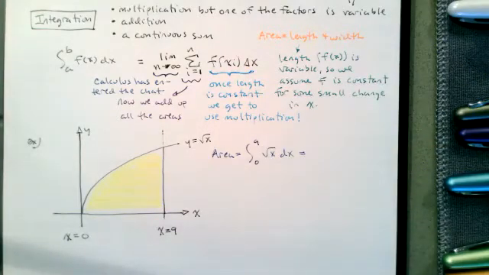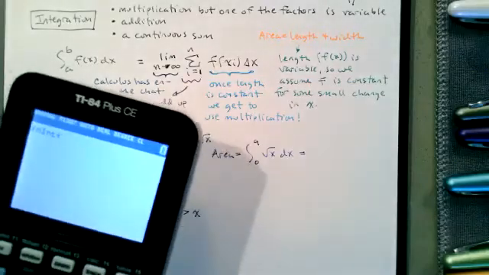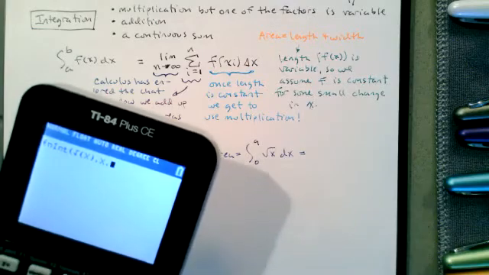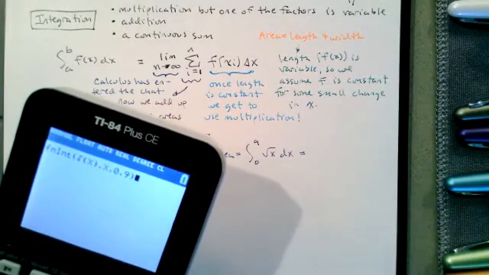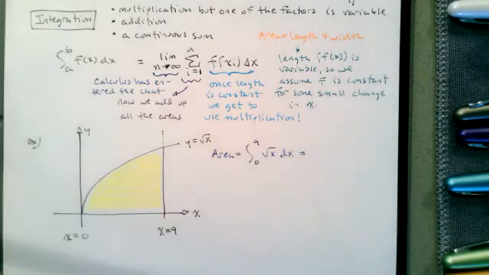We can even calculate this by hand because we can just add 1 to the exponents and divide by the new exponent. Or we can math 9 the whole thing. The integral of the square root of x with respect to x from 0 to 9 is 18. No surprises there.